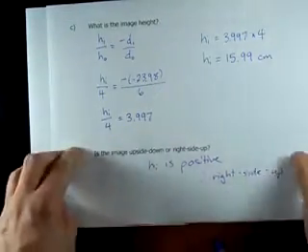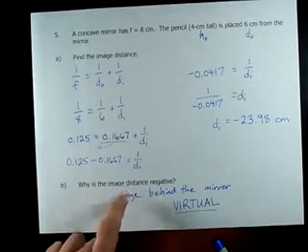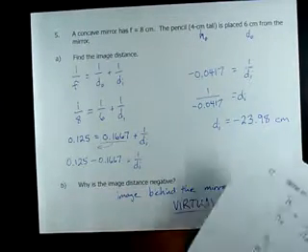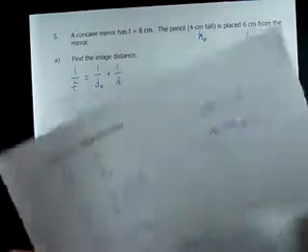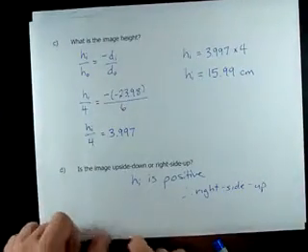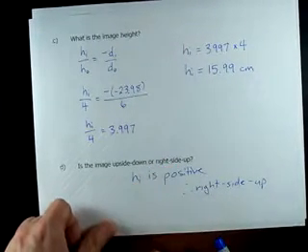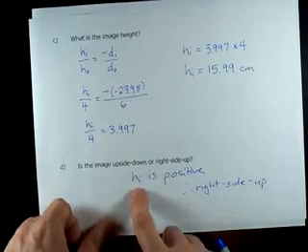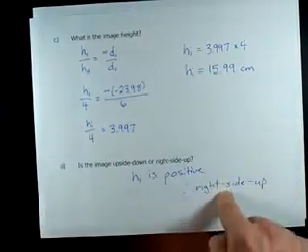Let's refresh you on the signs. A positive image distance means real image. A negative image distance means virtual. A positive height of image is right side up. A negative HI is upside down. Here it was positive, so it was right side up.